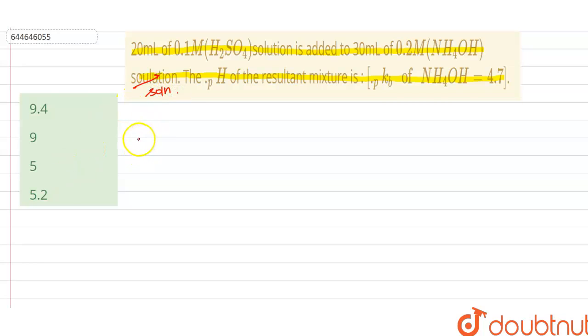First of all we have to know about the number of millimoles. The number of millimoles is defined as molarity multiplied by volume in ml.